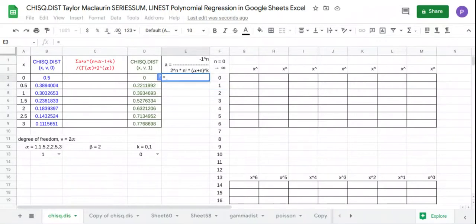We continue with the expansion coefficient, array formula, negative 1 raised to the power n divided by the quantity. There are 3 parts: 2 raised to the power n. That's the first part. Times the second part, factorial of n.